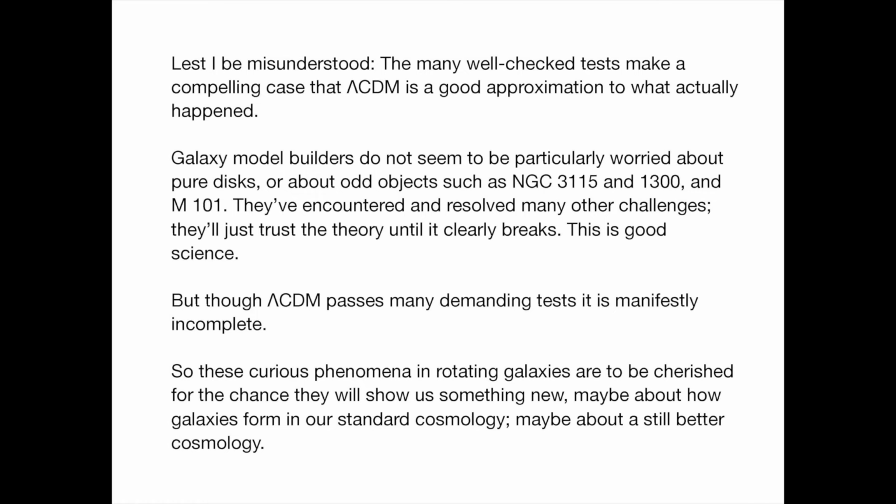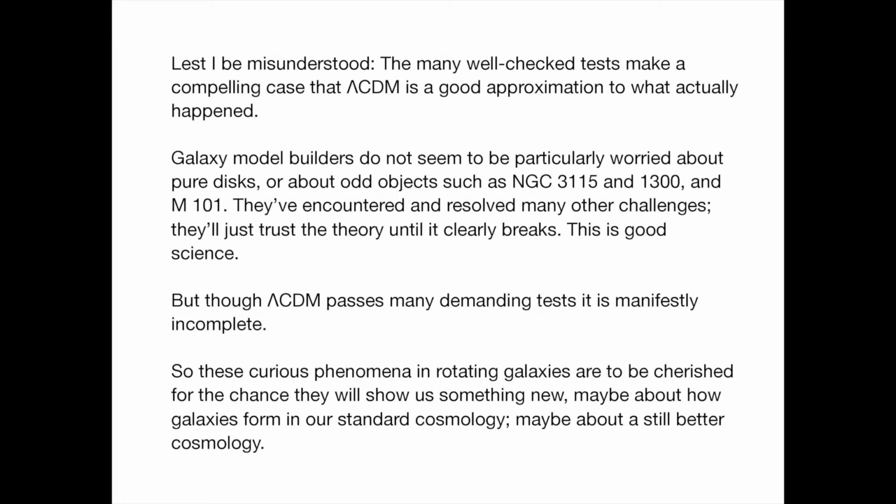Lest I be misunderstood, I am fully convinced that the lambda CDM cosmological model is a good approximation to what happened because it fits so many tests so very well. And of course, it is excellent science for model builders to assume that model and find its consequences.